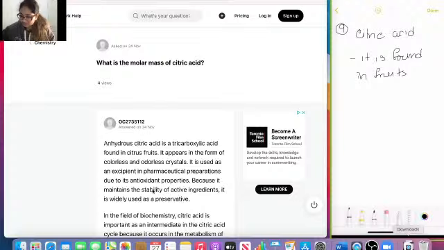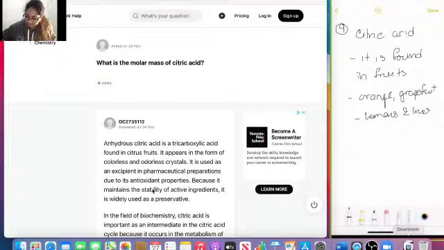And so it naturally occurs in fruits such as orange, grapefruit, lemons and limes.